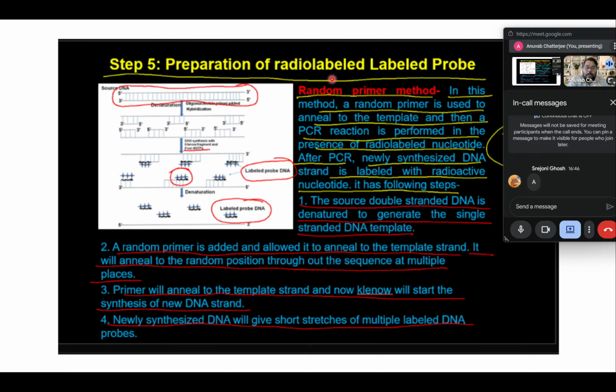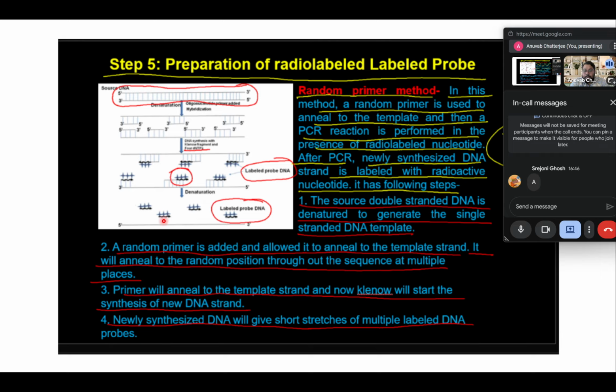Making the probe, you can do it in various ways. One of them is the random primer method. In this, a random primer is used to anneal to the template. So you have a source DNA and you allow your primers to bind anywhere and everywhere. Then you do an in vitro replication reaction. Essentially, you allow Klenow fragment, which is part of a DNA polymerase, to synthesize one part of this probe, and you supply radio labeled dNTPs.